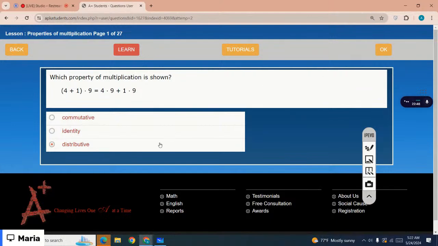You have two of the numbers adding inside a bracket and the other one is multiplying. So that is distributive property.